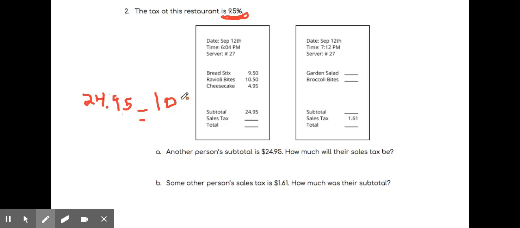So we just want to know 9.5%. Okay, and now we're all set up and we can go ahead and solve the problem.